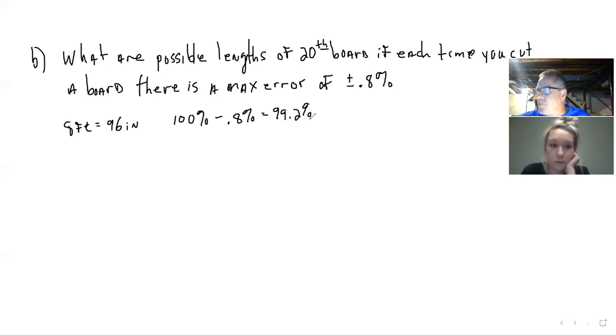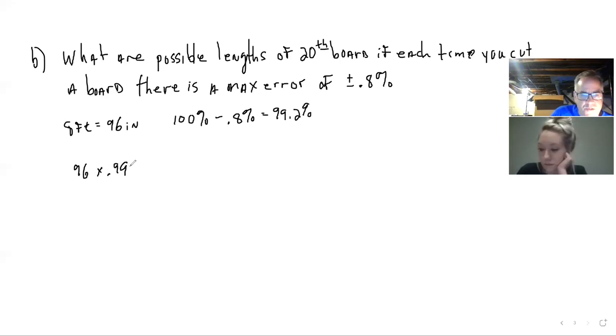Now, I'm going to do the same thing I did on part A. So we said we wanted to go 96 times 0.992, and that gave me the length, which I figured up to be 95.2. That was rough, rounding to tenths place, and that would be the length of your first board.